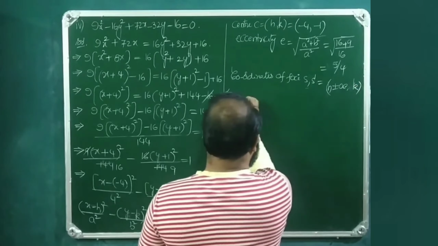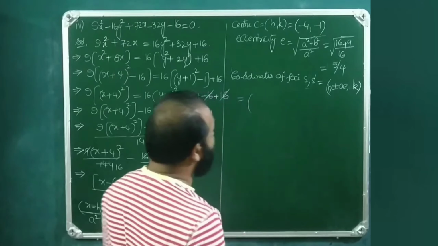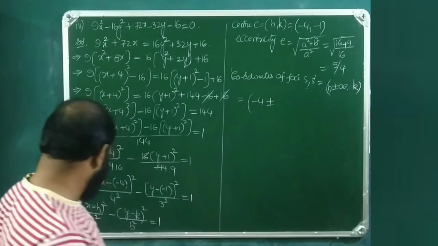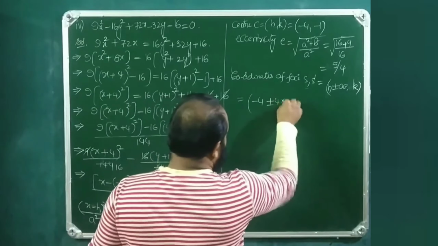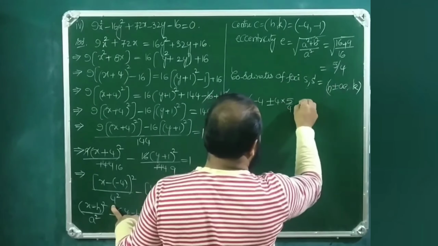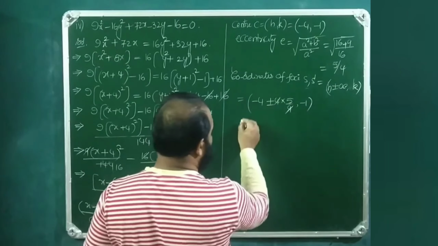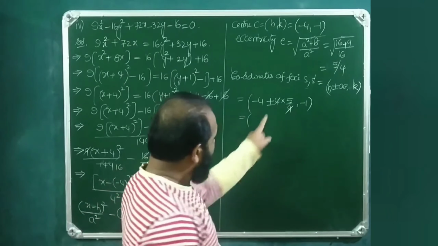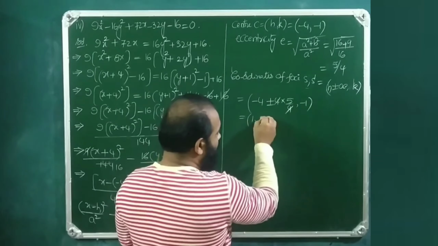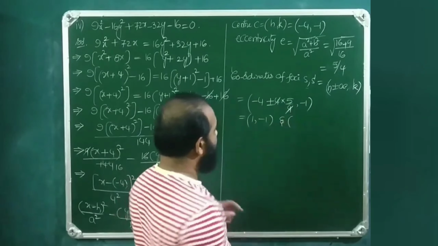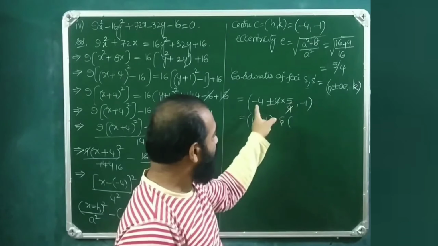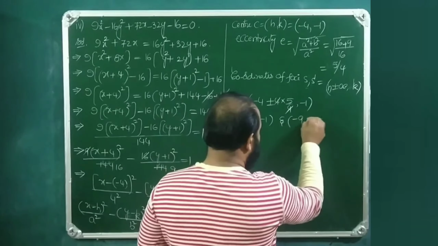Now this is equal to h value minus 4 plus or minus the value of a is 4 into e is 5 by 4, comma k value is minus 1. So 4 gets cancelled. First you consider plus 5: 5 minus 4 is 1, comma minus 1, and if you consider minus 5: minus 5 minus 4 is minus 9, comma minus 1.